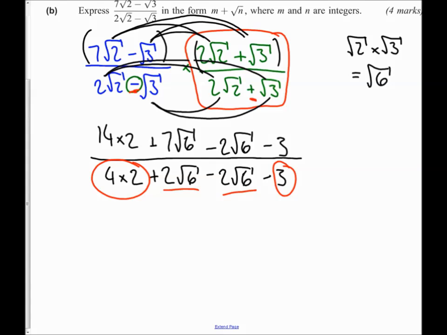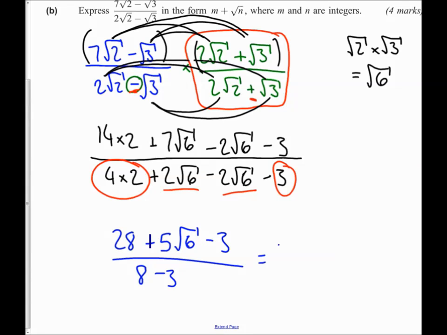I can say 14 times 2 is 28. 7 root 6, take away 2 root 6 is 5 root 6. Minus 3, and on my denominator I get 4 times 2 is 8, minus 3, and my 2 root 6 and my minus 2 root 6 cancel.